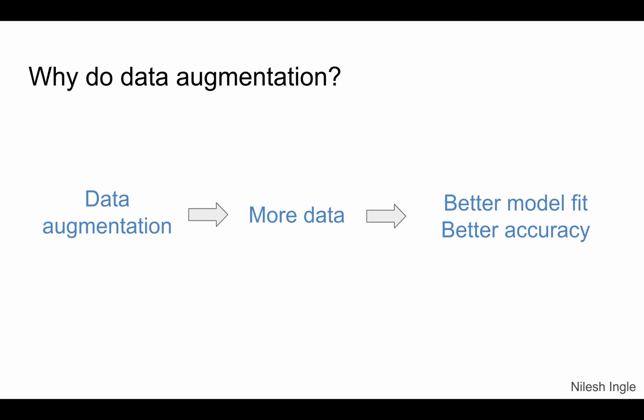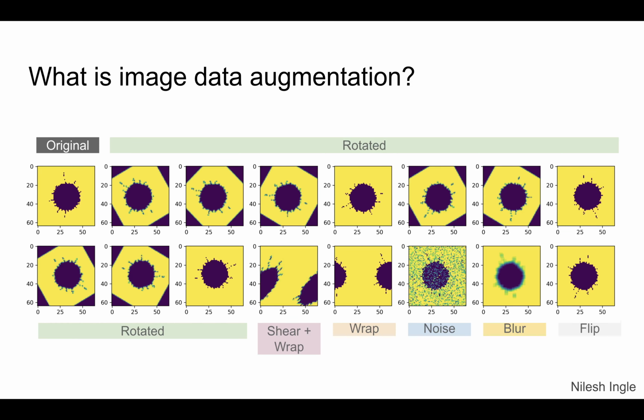On this slide, I have one example where the very first image on the top left is the original image, and the subsequent images are augmented images which can be used to train a model. They all represent the same image, but in different forms.